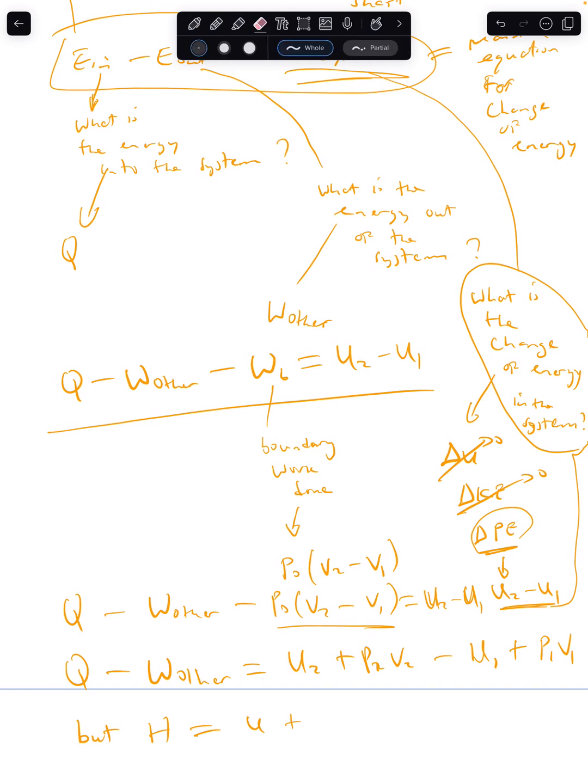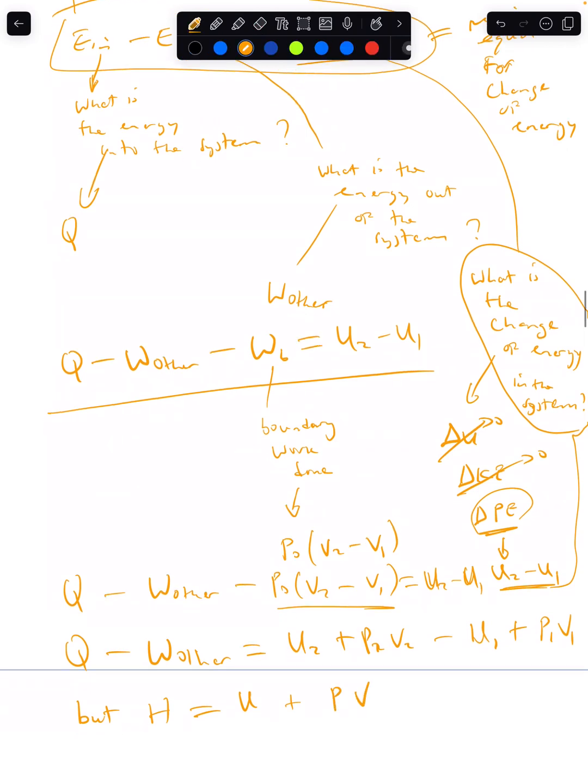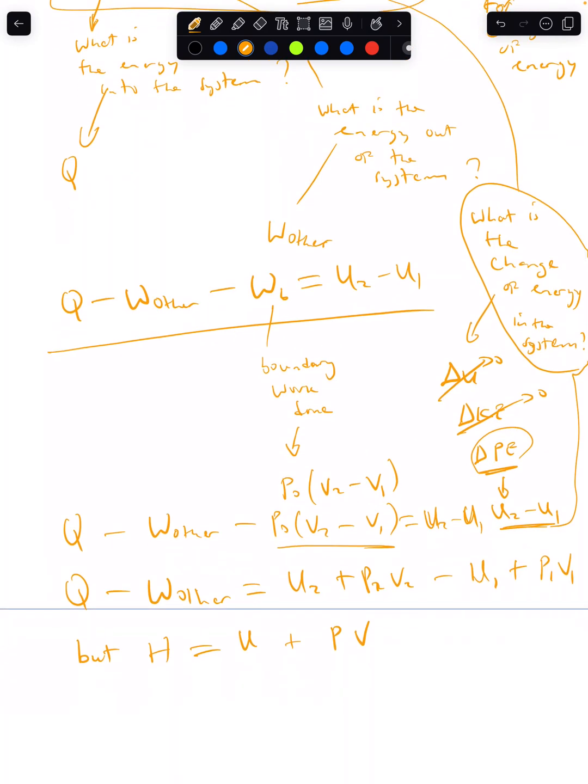U plus P and V, pressure and volume. Remember, small u is internal energy, big U is energy.